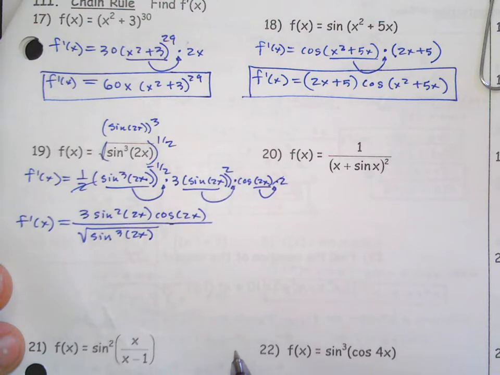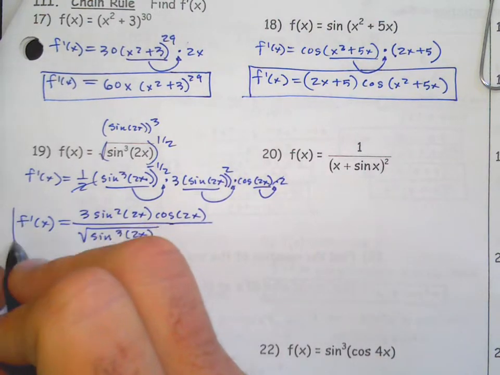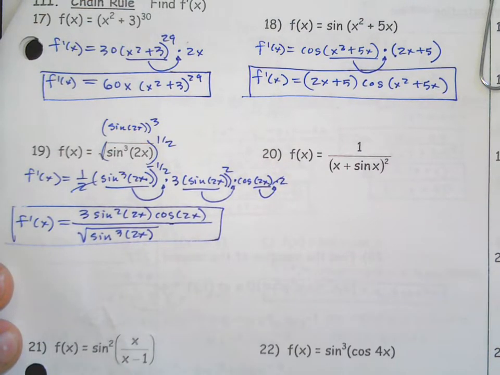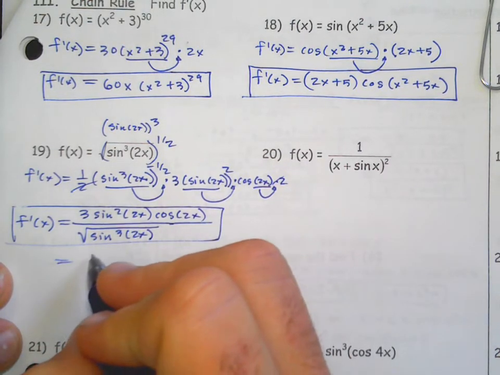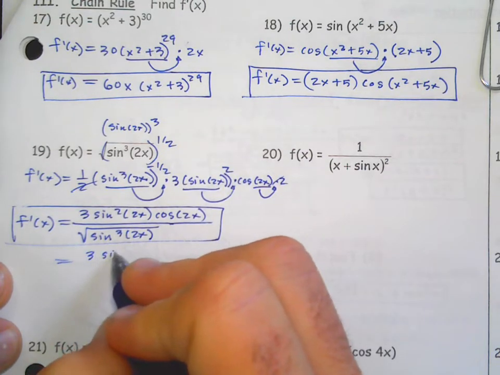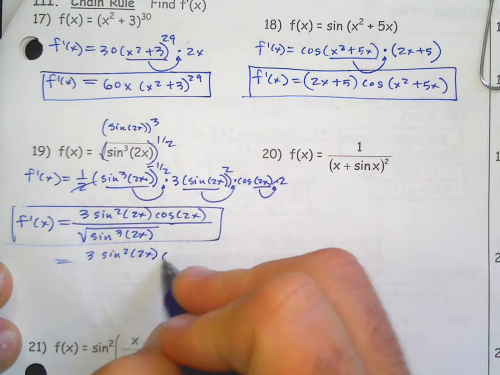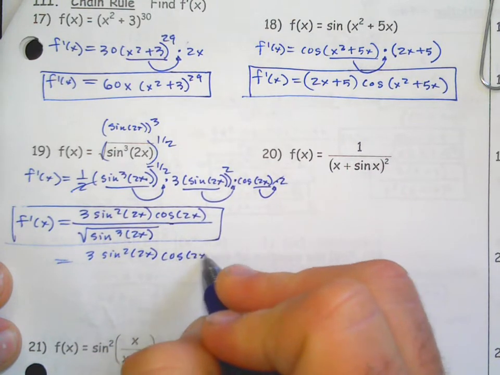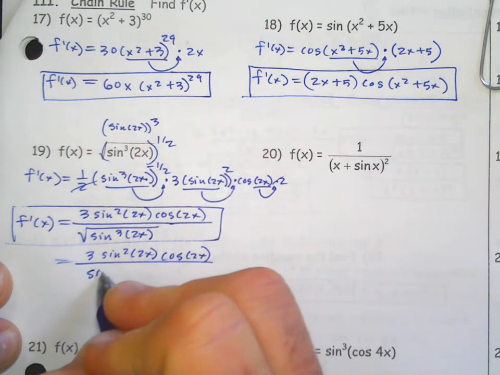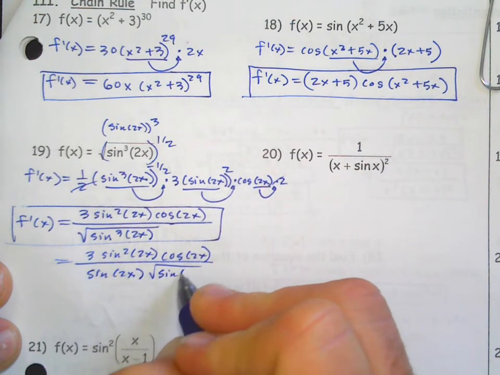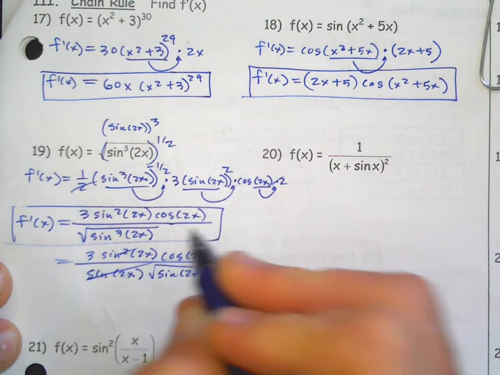I think that's fine, you know. We could take this is sine cubed, so you could take the square root of sine squared out, and it'd be sine, and there would still be a sine left over inside. So we could simplify this a little bit.